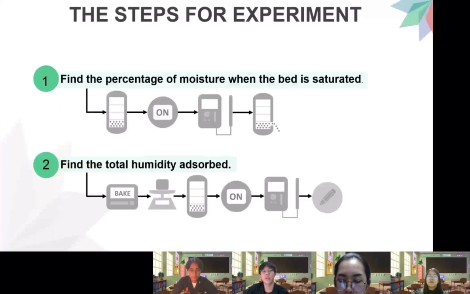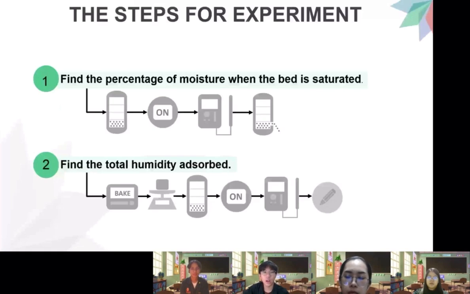Second step, find the total humidity absorbed. First, take the saturated silica gel from the first step and bake it to remove moisture at a temperature of 110 degrees Celsius in the oven for 30 minutes.